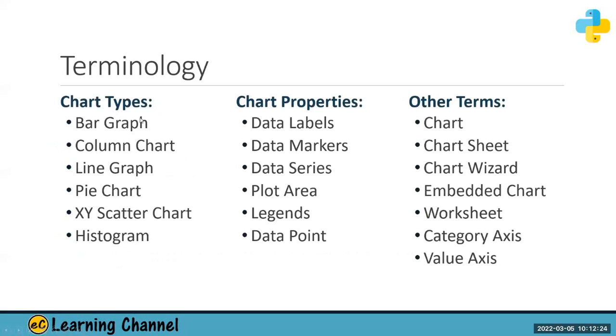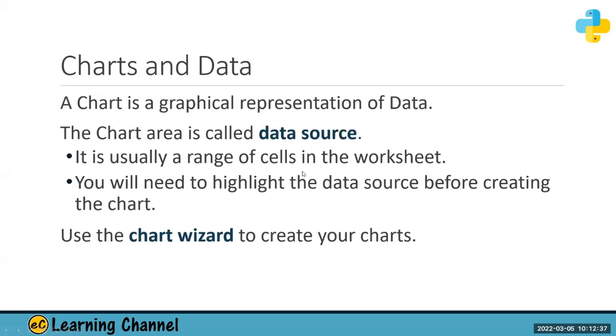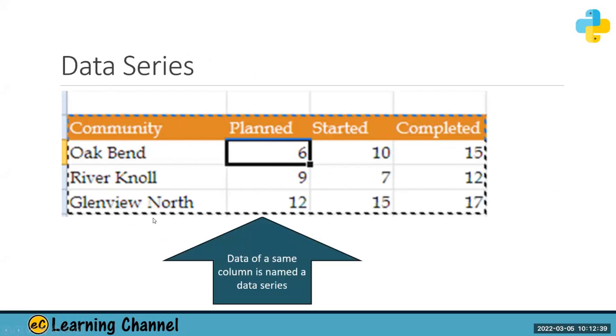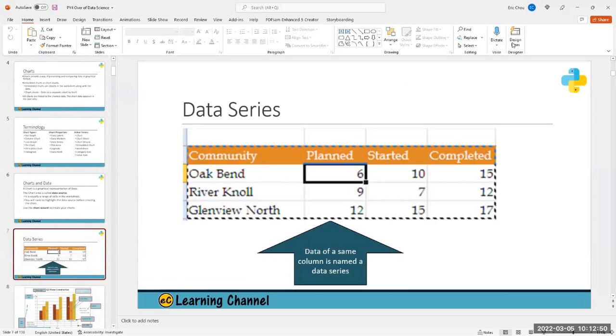So you have the bar chart, column chart, line chart, pie chart, histogram, data label, data marker, data series, plot area, legend, data point. You need to have data, so you have a data series. A data series means that a line is called a data series, a column is called a data series.